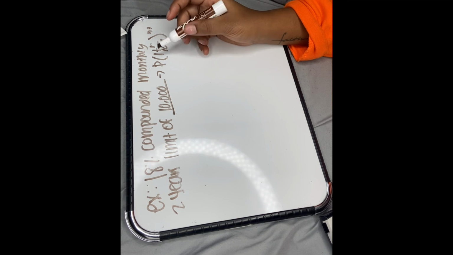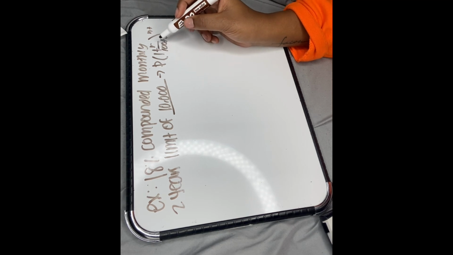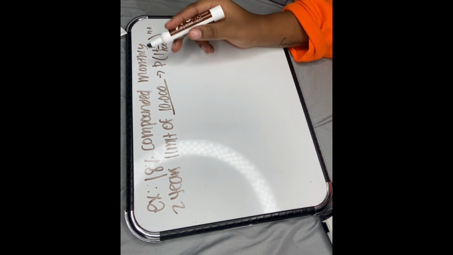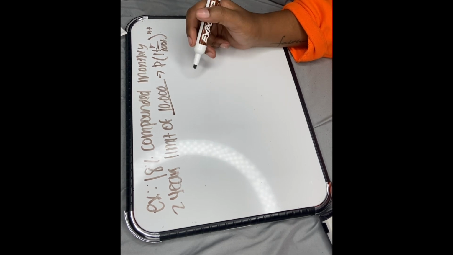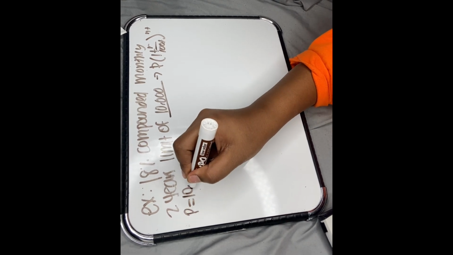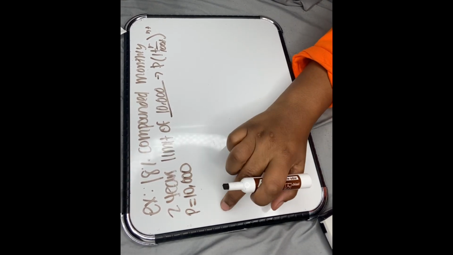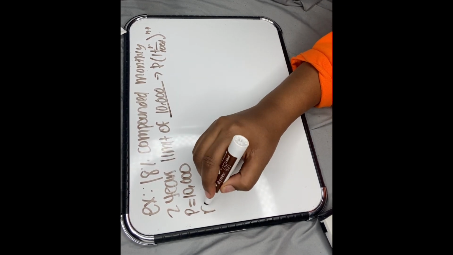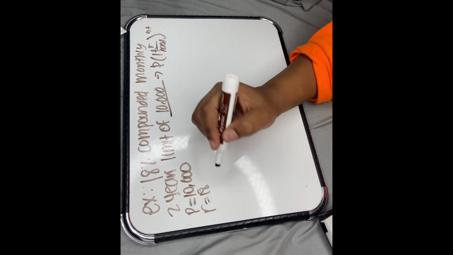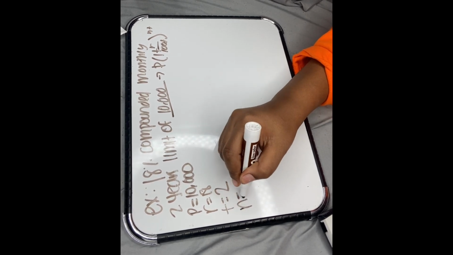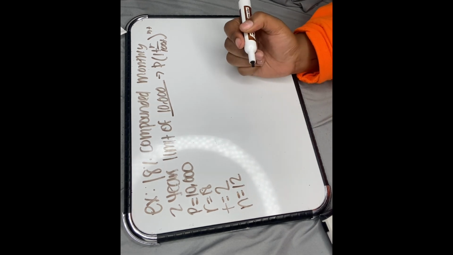Okay, so given another example, we have 18% compounded monthly, 2 years, limit of 10,000. A reminder of our equation is P times 1 plus R over 100 times T raised to the n times T. So now we just need to find out what everything represents. So we start off with 10,000, so that will give us P. And then we know that the rate is 18%, so we know that R will be equal to 18. We know that the time is 2 years, and that it is compounded monthly, which will give us 12.